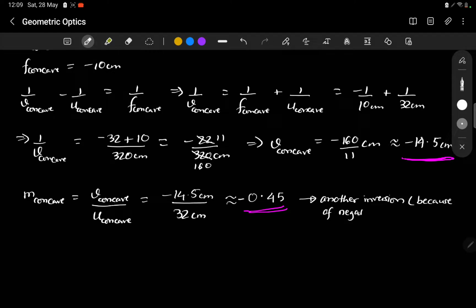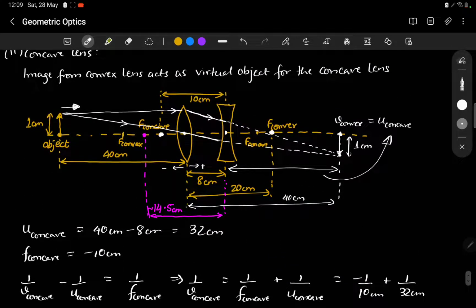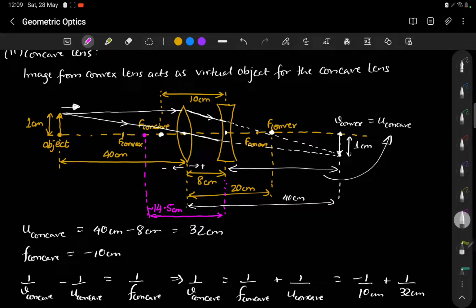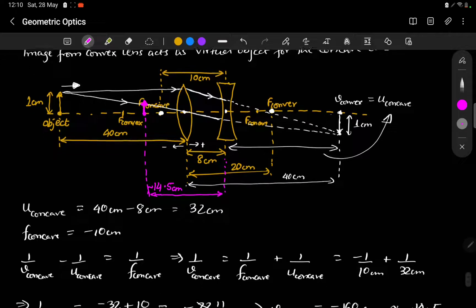So height of the image is going to be approximately equal to 0.45 centimeters, because it was 1 centimeter to start with, and then this magnification factor would be multiplied. So this gives us 0.45. So height of the image is roughly 0.45 centimeters.